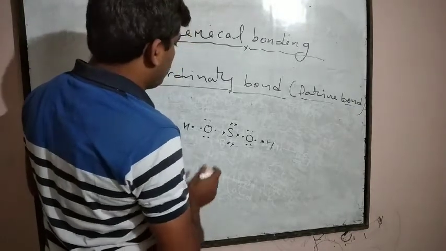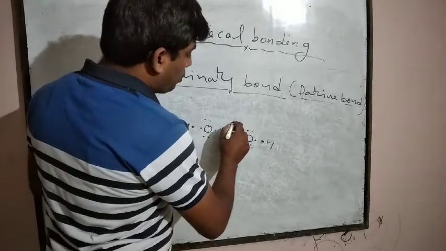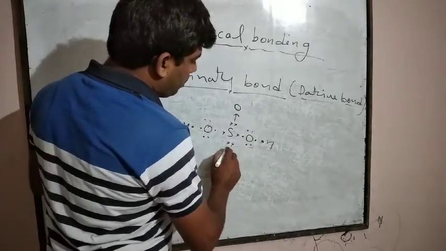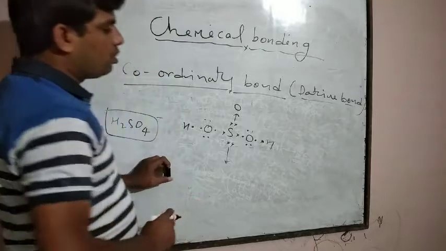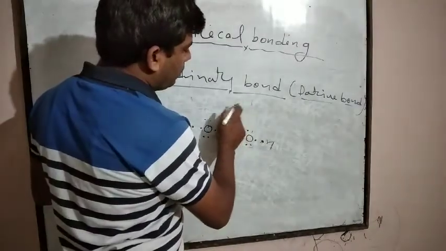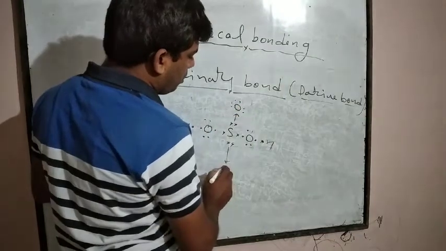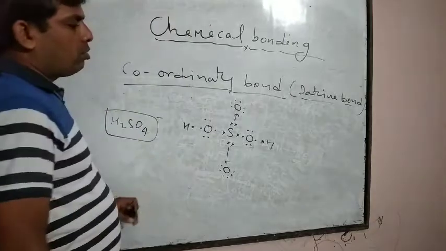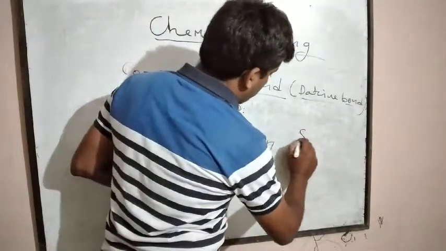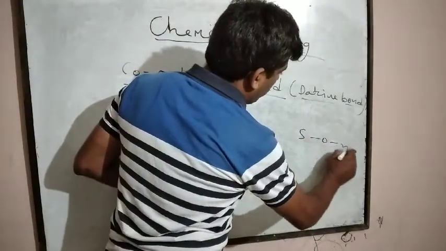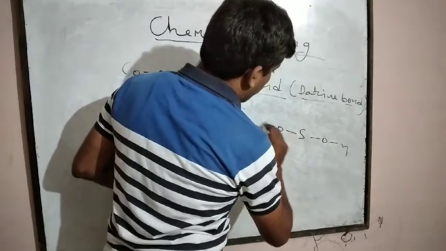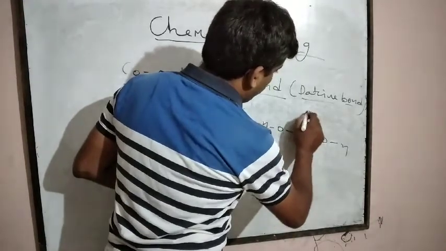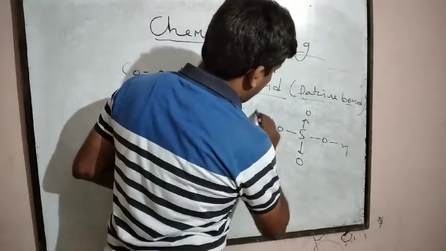Two oxygen atoms are capable of forming coordinate linkage. This lone pair is transferred to this oxygen, and here also. So in the structure, O, O, H, there is one coordinate linkage here and one coordinate linkage here.